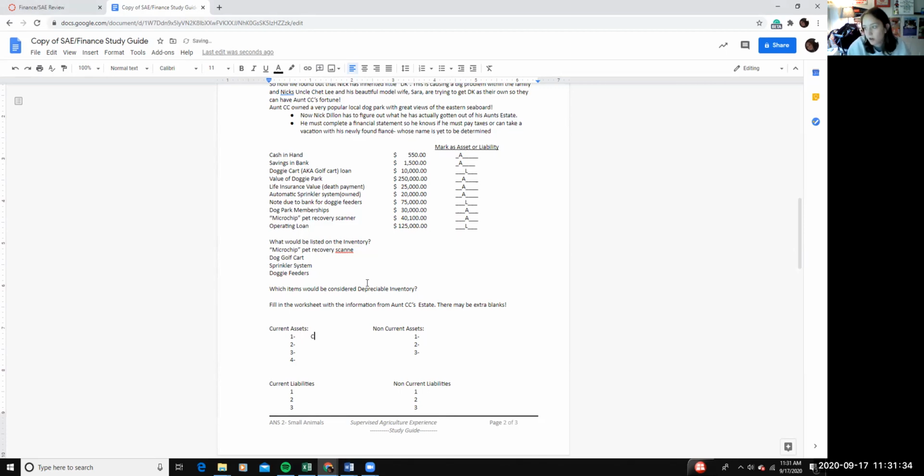So those are both current. All right, let's go to our next asset, the value of the doggy park. That would be a non-current asset.